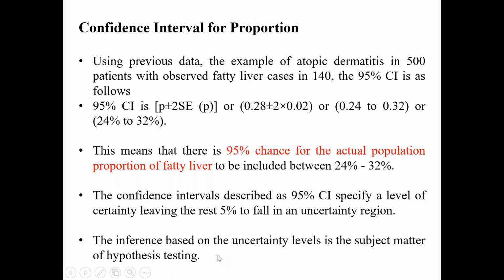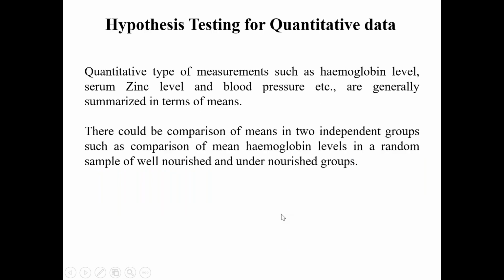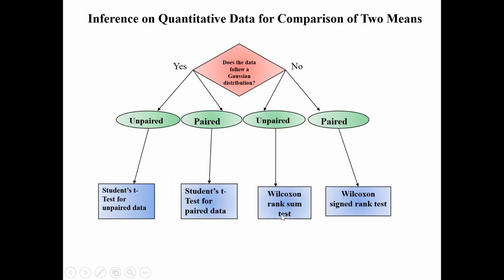So the inference based on the uncertainty level is the subject matter of hypothesis testing. Now these are the two steps of identifying different tests of significance. The simple way: first, try to find out whether the values given in a sum are normally distributed or not. Usually it is given for you, and that is what is known as Gaussian distribution.